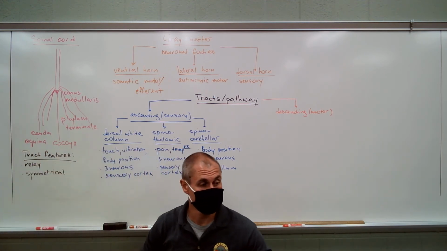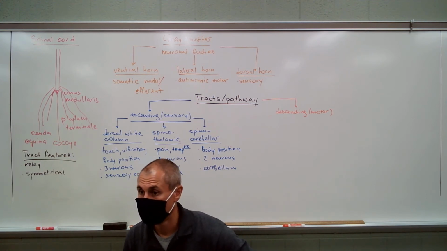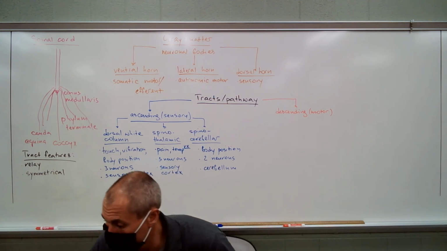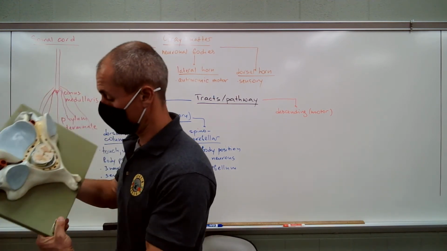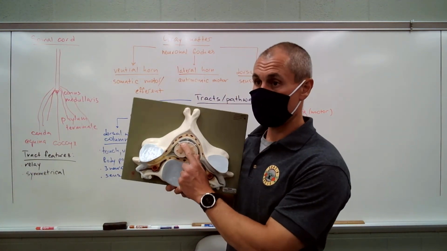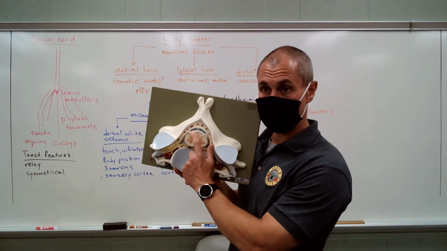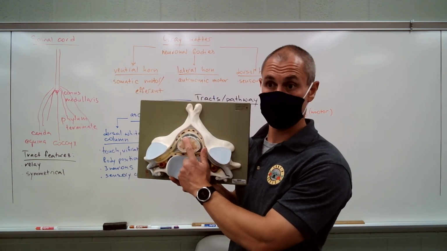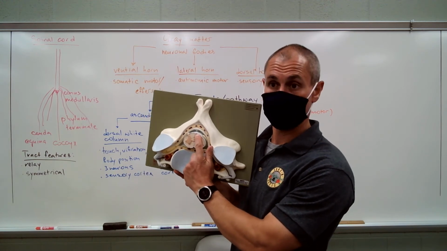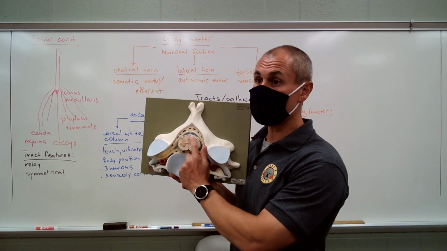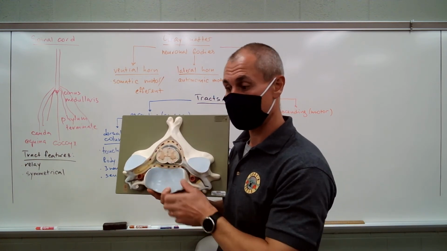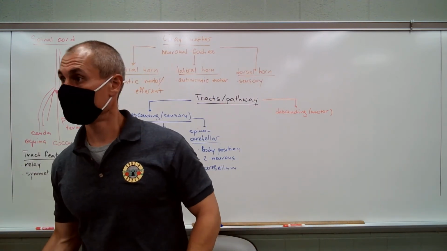So you have the dorsal white column, look at this, I'm going to show it to you. You've got the dorsal white column approximately under my thumb. You have it on the right side, and you have it on the left side. They're not really shown on the model. I'm just telling you where it is. Are we clear?